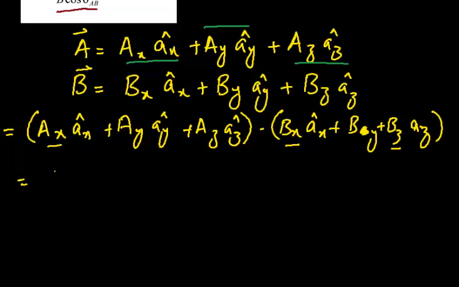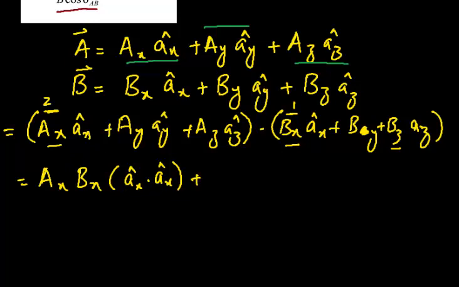So let us do it. AX BX, and here comes the unit vector AX dot AX. Since AX and BX are component scalars, they simply multiply. For example, if this has a value of 2 and this has a value of 1, this gives you 2. But the concept lies in multiplying the unit vectors.